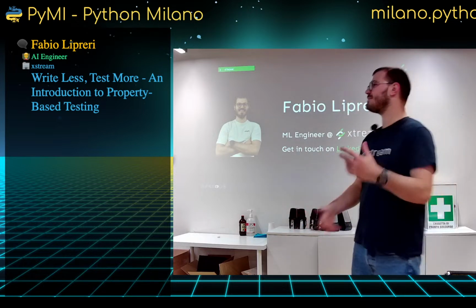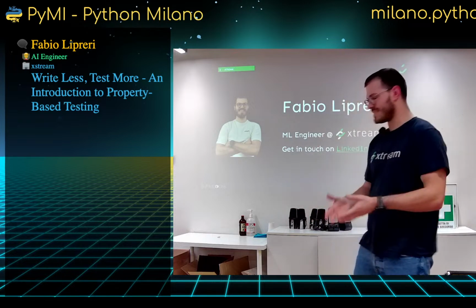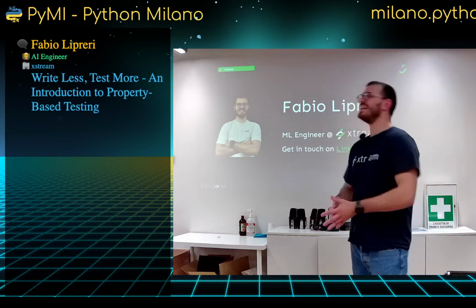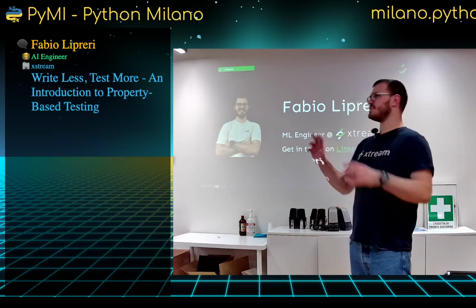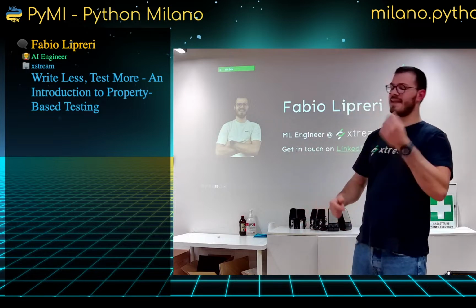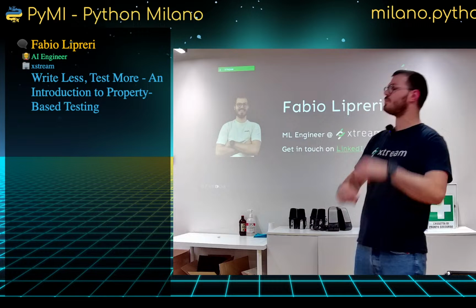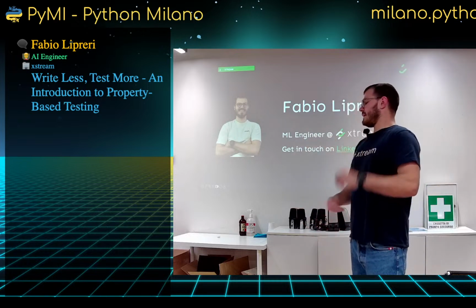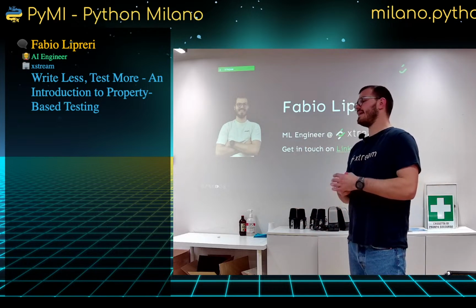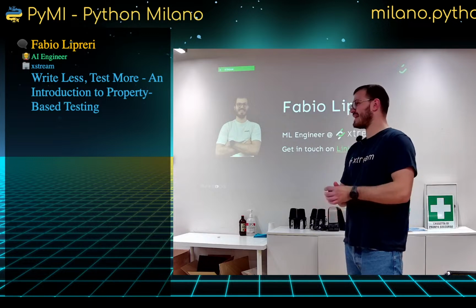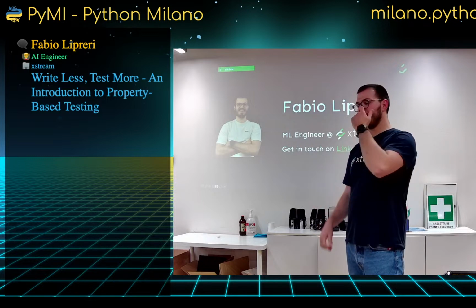There's the single responsibility principle, but the reality is sometimes harder than the principle. So maybe you have complex functions that do something complex, and it takes time to find a good property. In that case, I avoid property-based testing and just use unit testing.